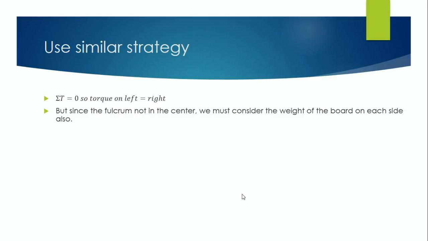On the other problem, since we had the fulcrum in the center of the seesaw, we did not care about the board on one side or the other because it was equal. But on this one, the board's weights do not cancel out on both sides, so we have to put that in our equation here. But the good news is it's all the same principle, we just have to consider its weight.